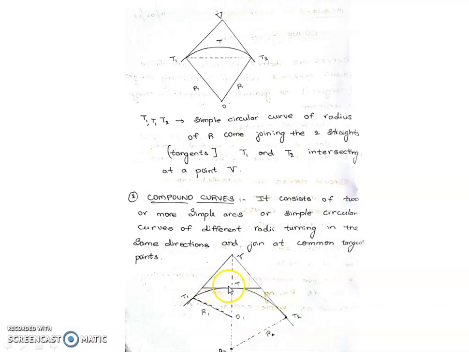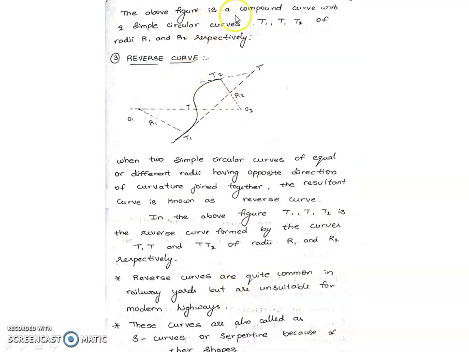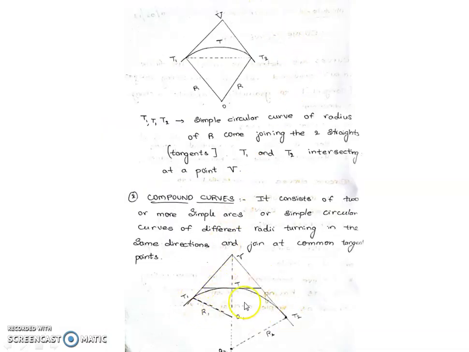So compound curves consist of two or more arcs of different radii turning in the same direction and joined at a common tangent point here. The above figure is the compound curve. Here also T1, T2 is the compound curve having two different arcs.